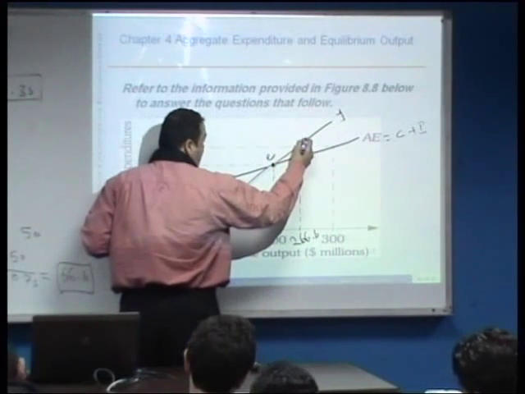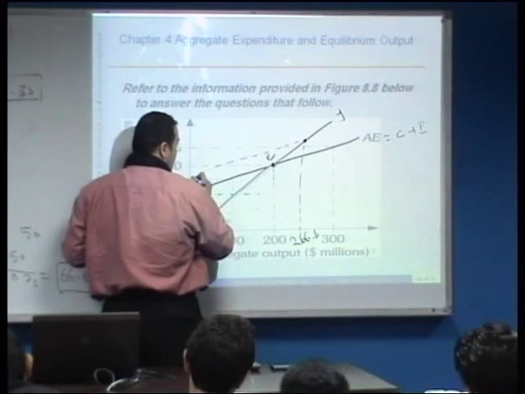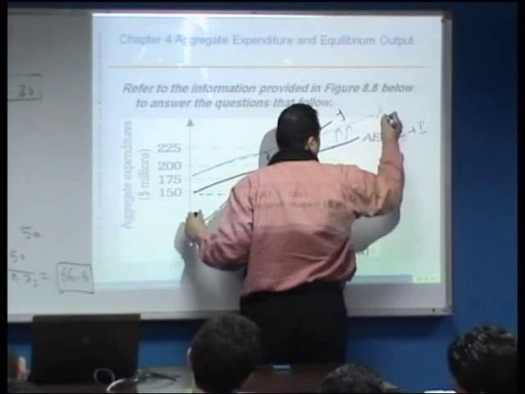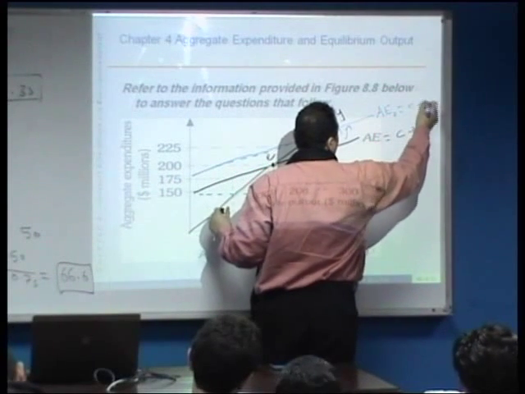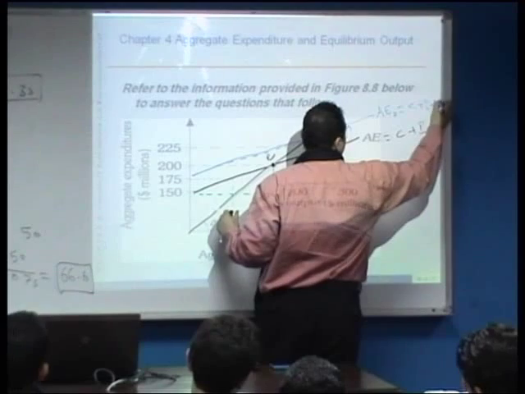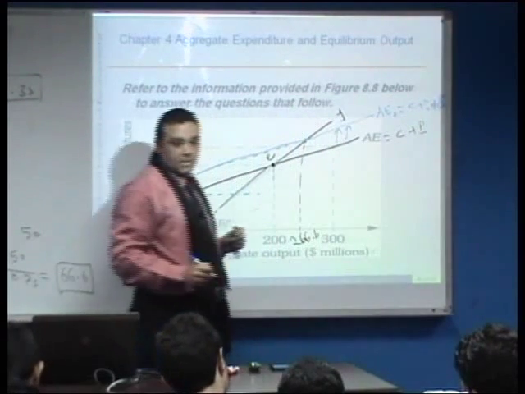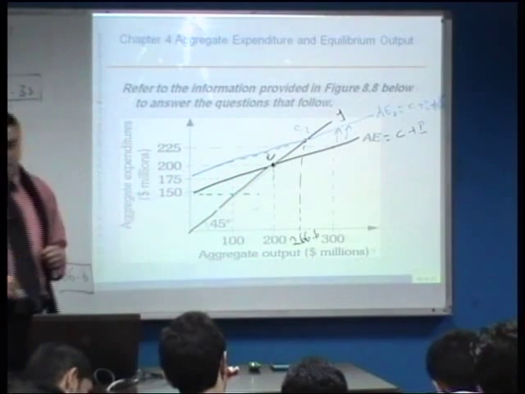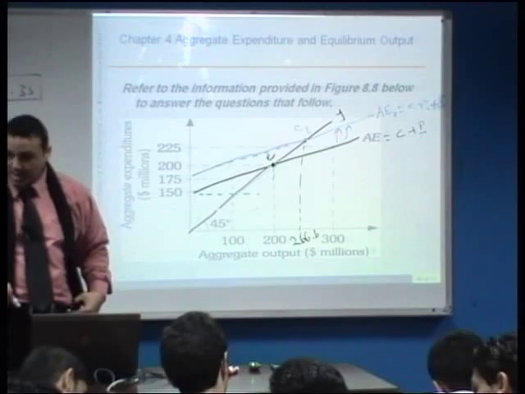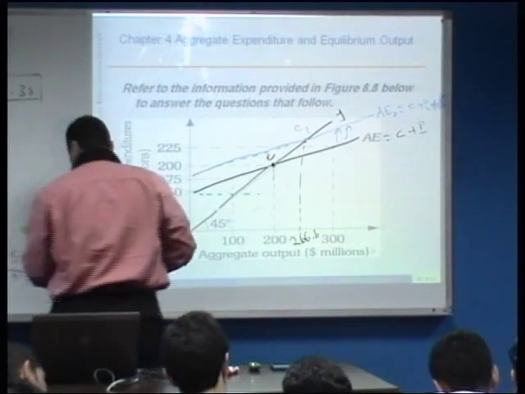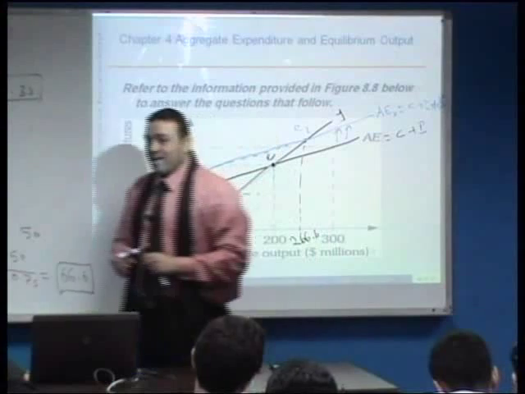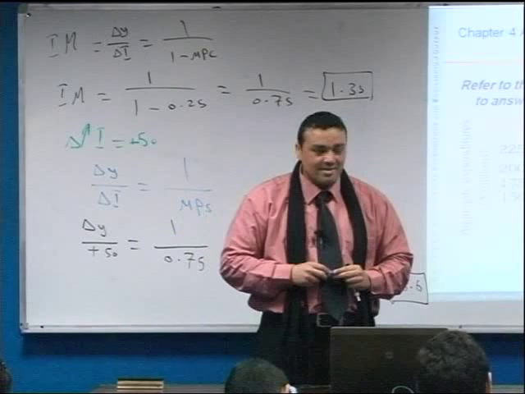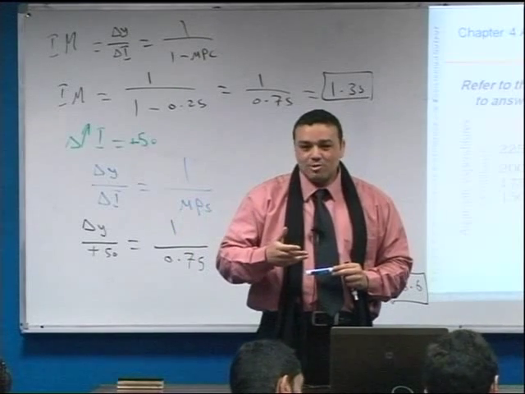We have an upward shift of the aggregate expenditure function. This is aggregate expenditure 2, C plus I plus delta I, and this is the new equilibrium output or income. Yes, exactly. 66.6 is the increase of aggregate income or aggregate output. Right? Is there any problem? Who has a problem? Who should I repeat for? Okay.